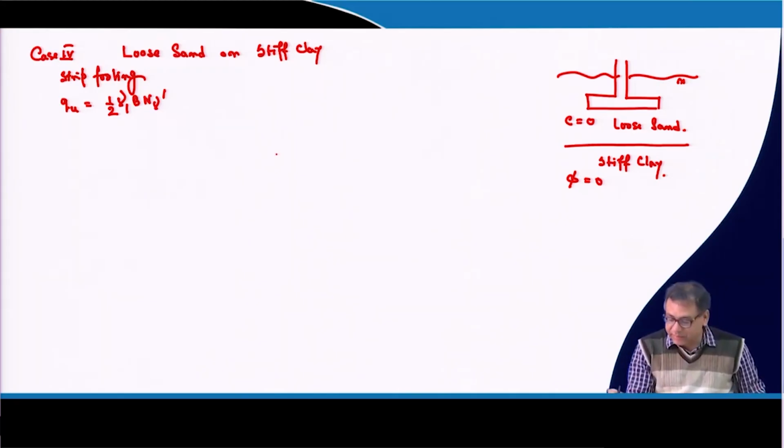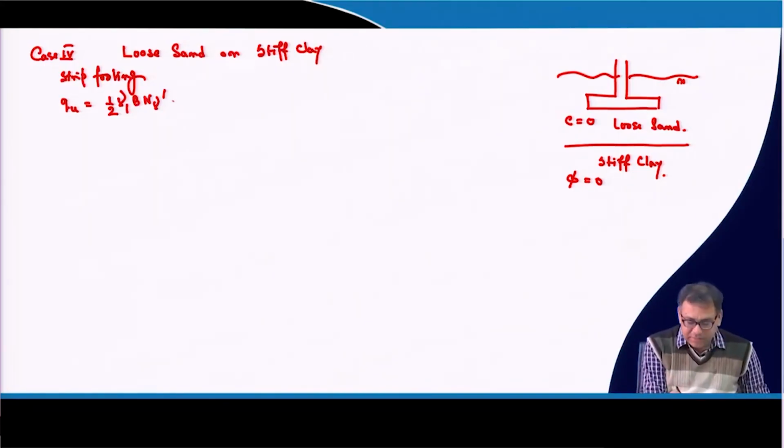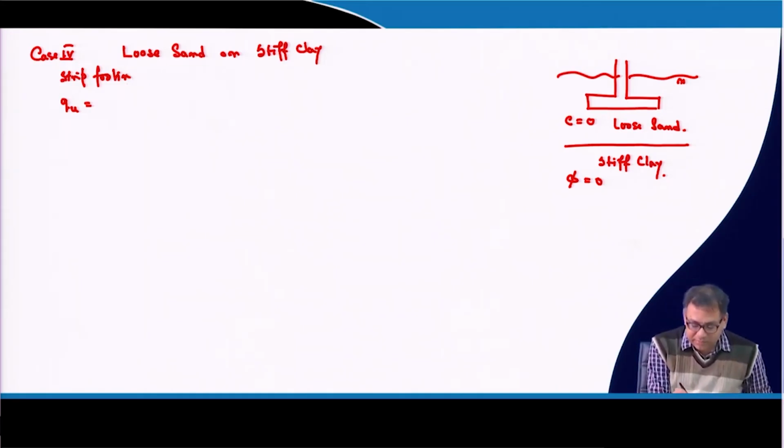So, that is why it is calculated that this is the bearing capacity of the top layer, half gamma 1 B N gamma dash plus, because this is the third term basically. So, I should write the second term first, then the third term.